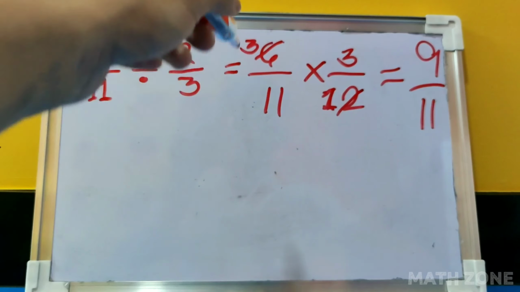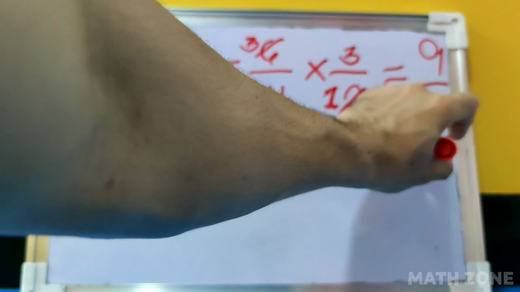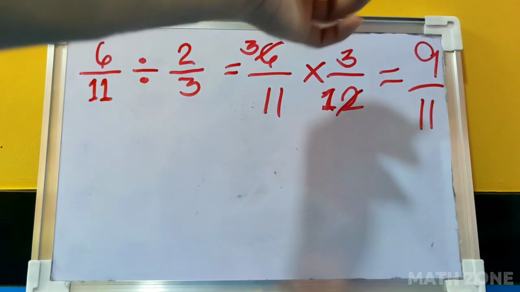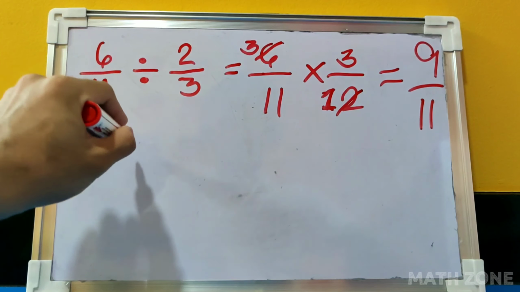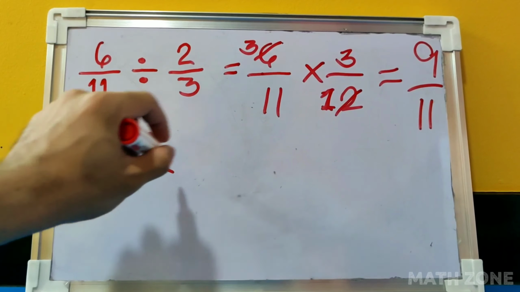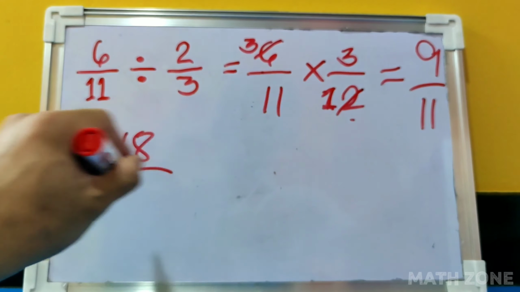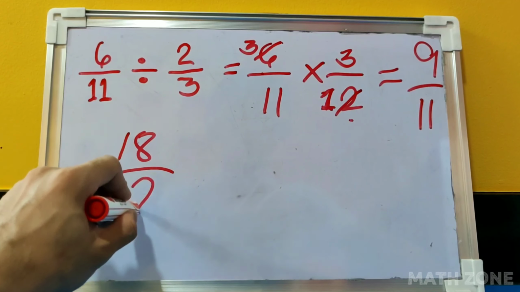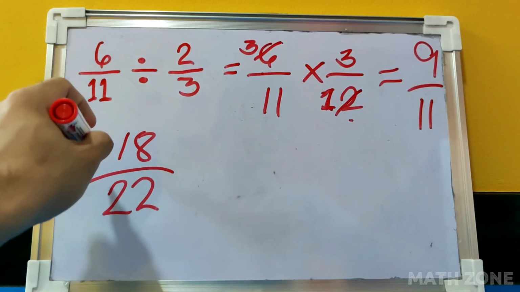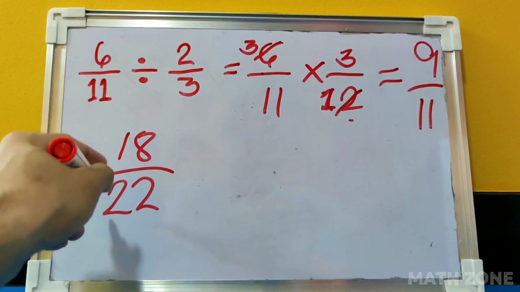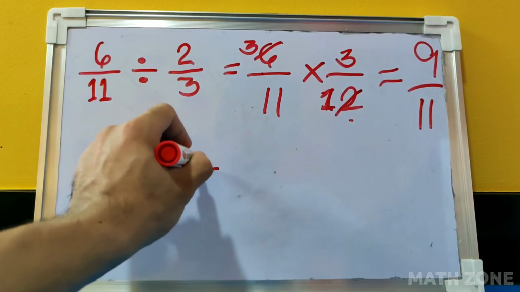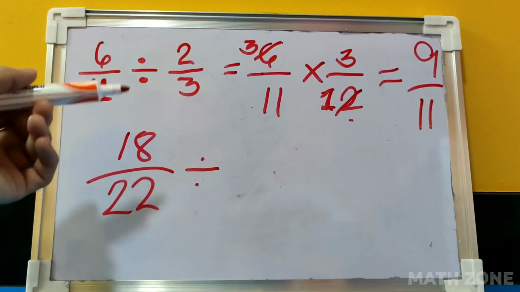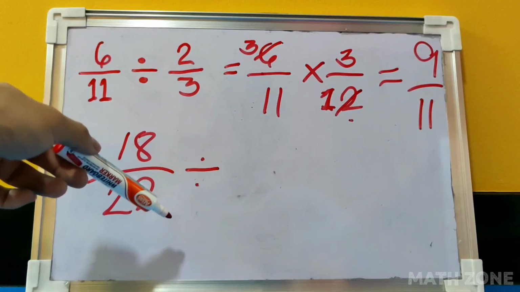Let's check again without cancellation to see if we come up with the same answer. Without cancellation, we have 6 times 3, that's 18. 11 times 2, that's 22. This is our answer without cancellation, and this can still be simplified. Find a number that you can divide 18 and 22 by.